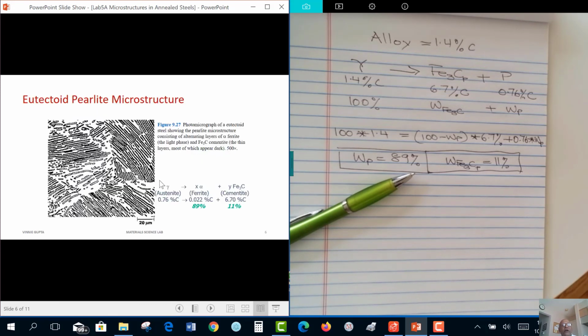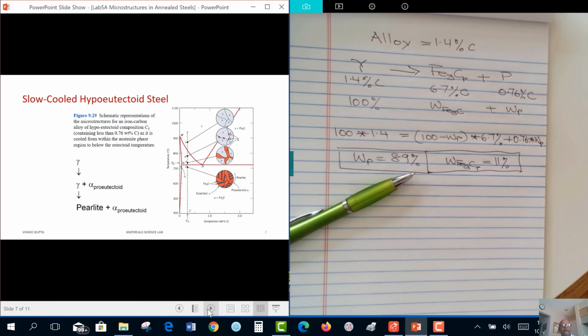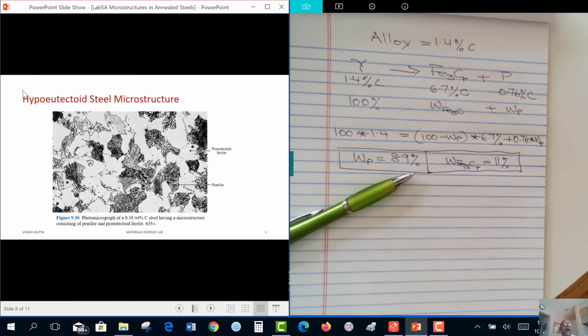When we have a eutectoid composition steel, we cool it very, very slowly, we will get 100% pearlite. If we have a hypoeutectoid steel, steel containing less than 0.76% carbon, we will get a combination of pro-eutectoid ferrite and pearlite.